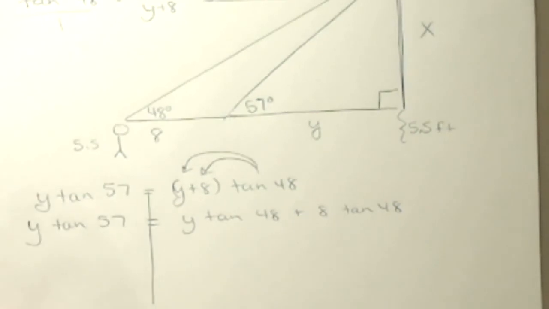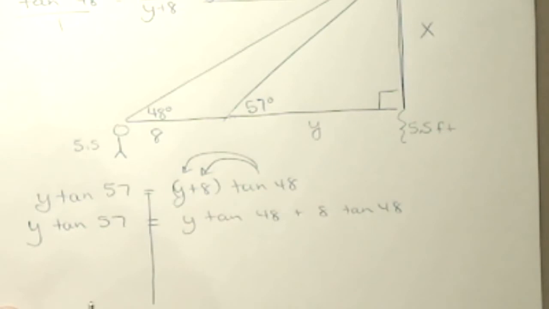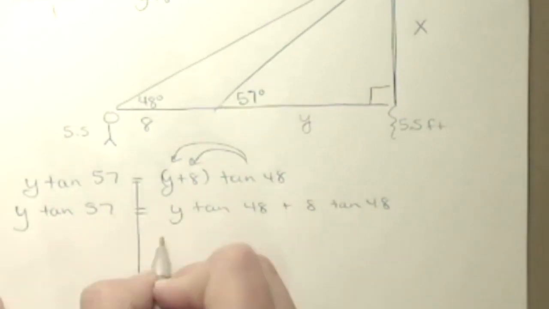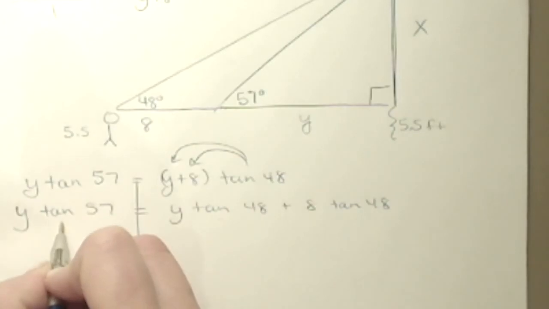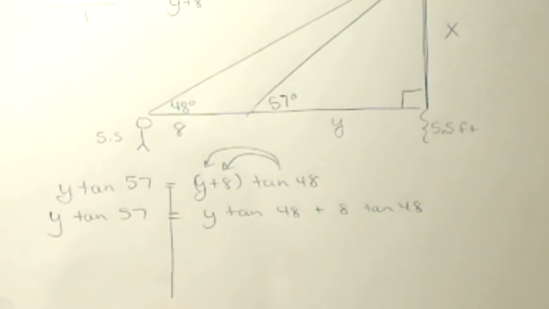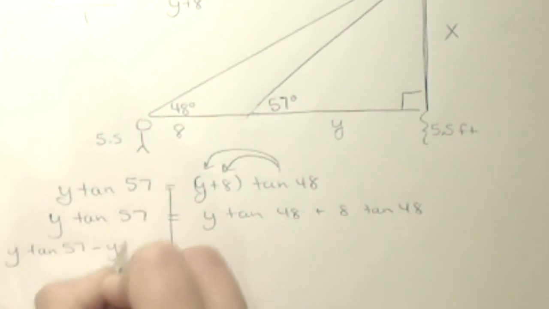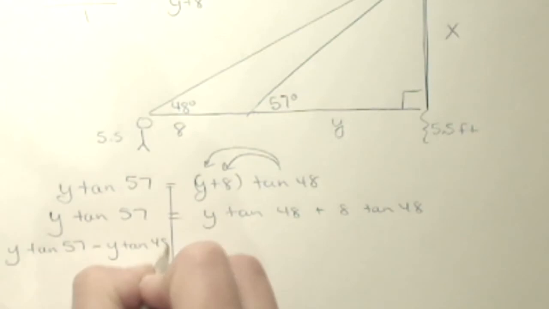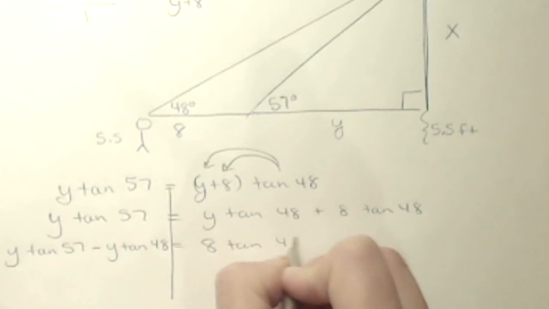Remember we said it was much easier to write the coefficient before the function, less confusing that way, no chance of multiplying the angle by a number. I'm going to bring my y tangent 48 over to the left side and attempt to isolate the variable y. So that will take a little subtraction, and then on the right side I have 8 tangent 48.